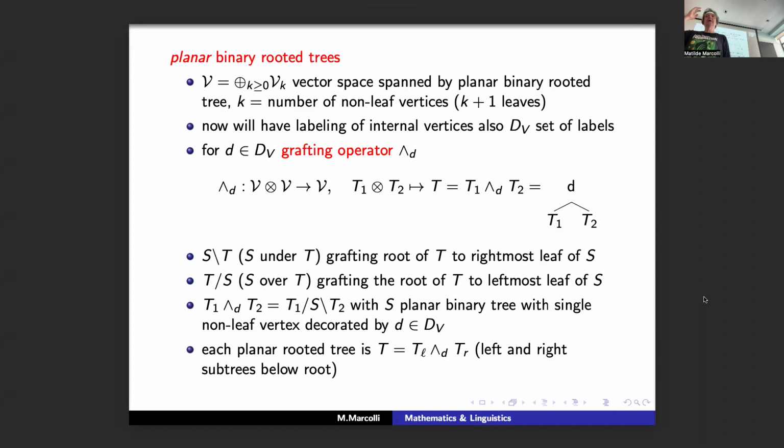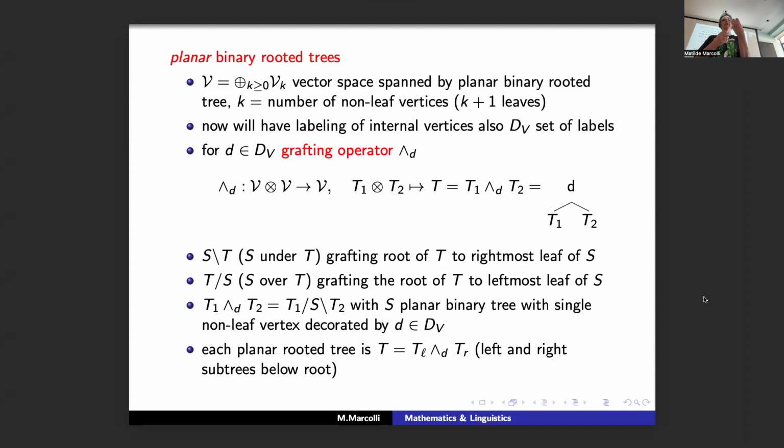Moreover, in this version, not only the leaves are labeled, but the internal vertices are also labeled. This is where you keep track of whether something is a verb phrase or a noun phrase by labeling the internal vertices correspondingly. And you also carry some labels around that are used to keep track of the theta roles.